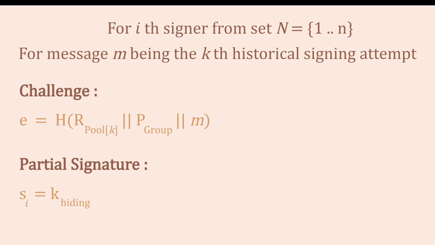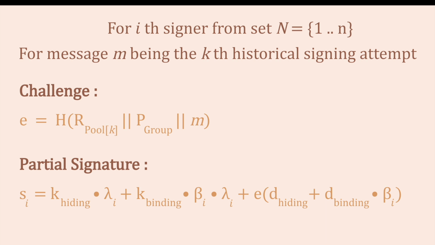It results from, again, the DKG protocol, and by summing your own secret shares of all participants, it gives you the aggregate hiding secret nonce multiplied by the Lagrange, and this is how NOIST mainly differs from other protocols, added by the binding secret nonce share multiplied by the binding value multiplied by the Lagrange, plus challenge E times, similar to the private nonces here, my own secret group share, the hiding share, plus the binding secret times the binding value times Lagrange, and this is effectively how signing is done, right?